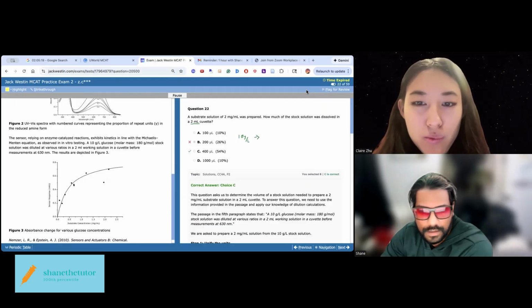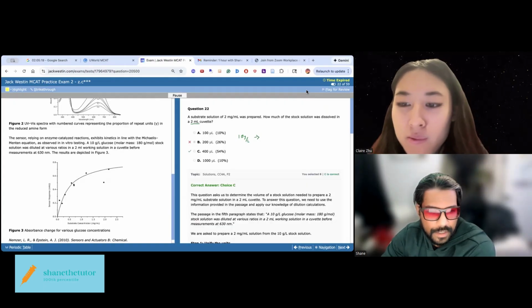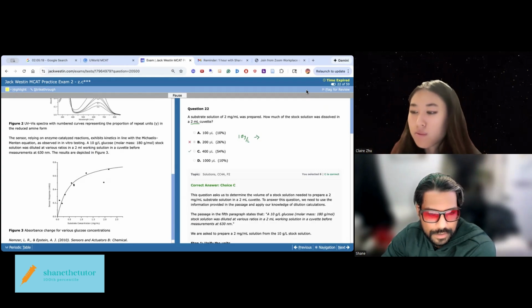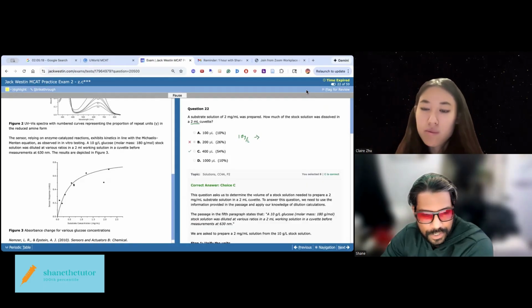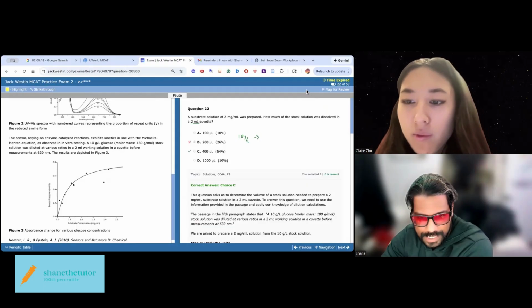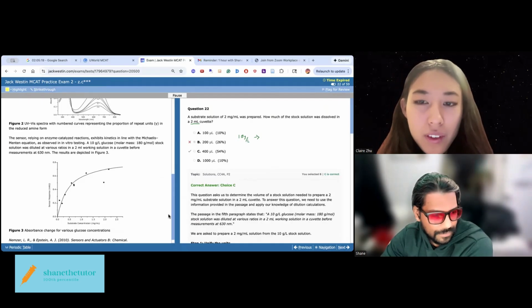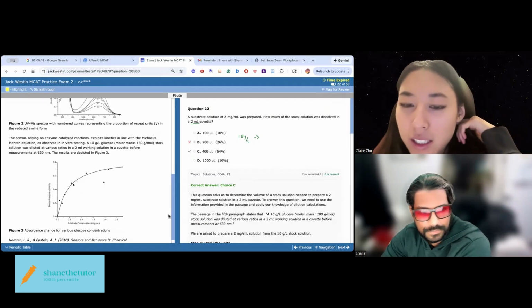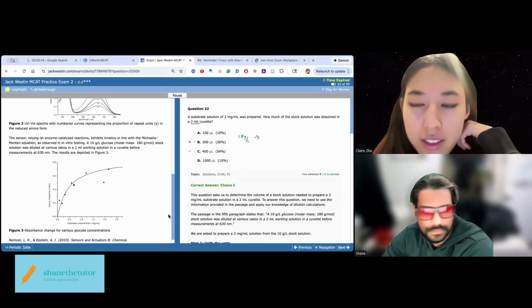So you would get your 2 milligrams per milliliter value. Was that something you were able to get? I'm a little bit stuck, not entirely sure how to go about this.